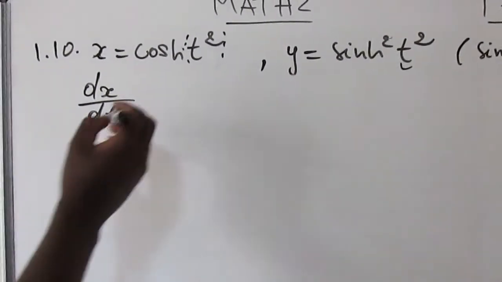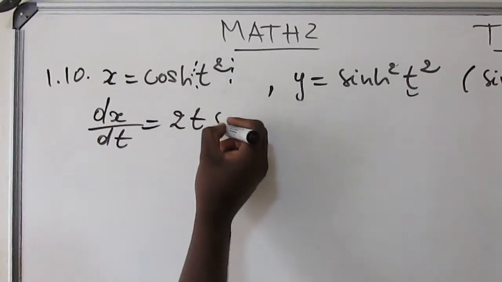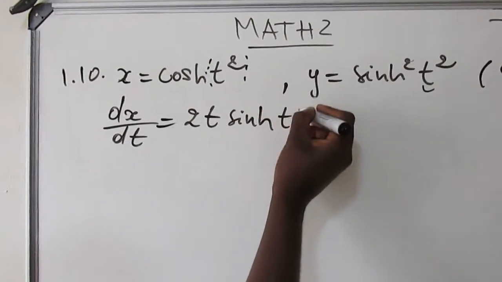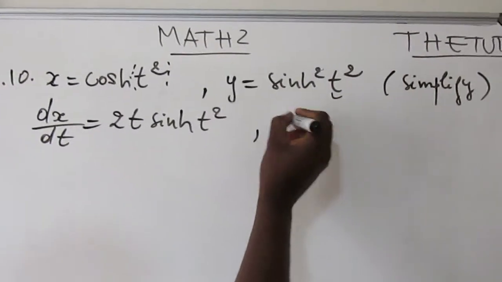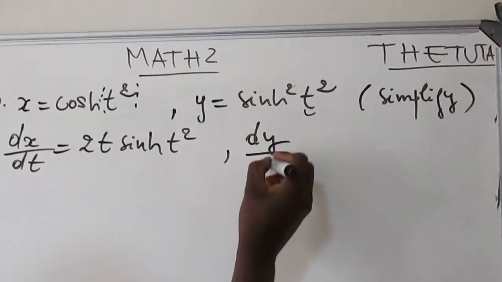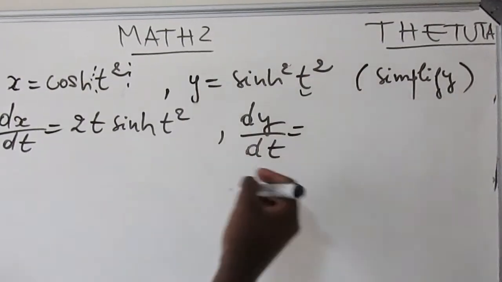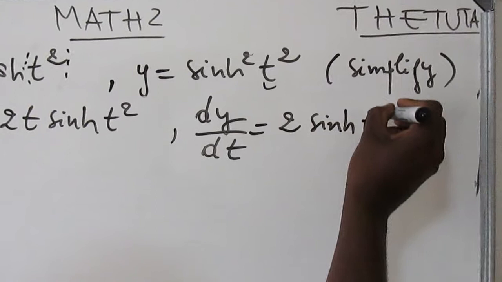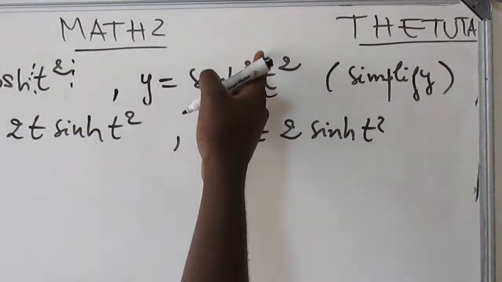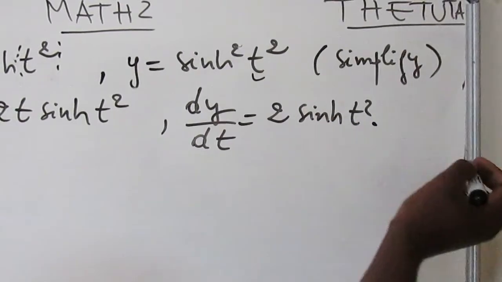Alright, then when we derive this, it's going to give us 2t sinh of t squared. Okay, then we derive y with respect to t. Okay, this is chain rule. We take the 2 down, then sinh of t squared. Now it's sinh to the 1 because we say 2 minus 1. Then we derive again the function.